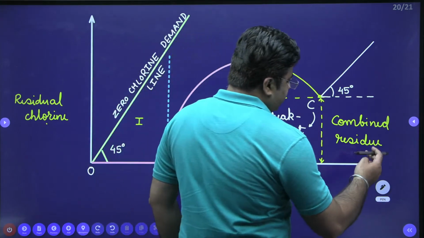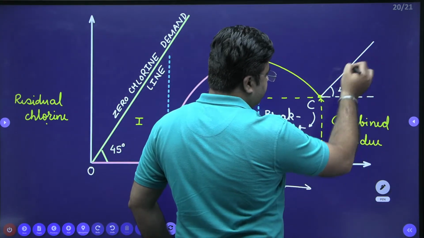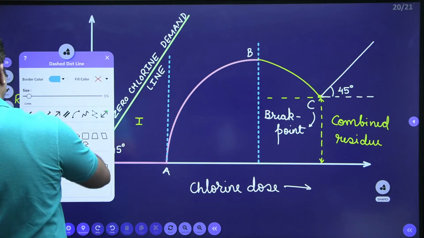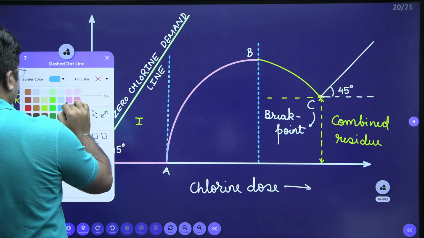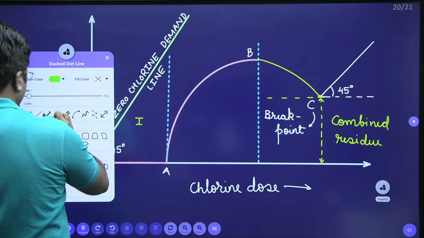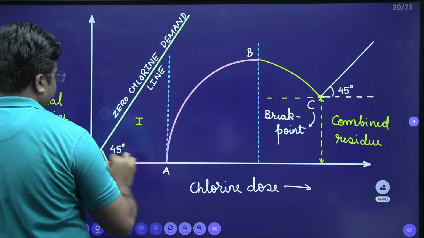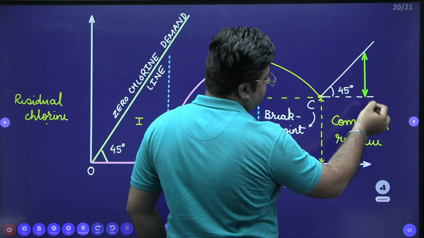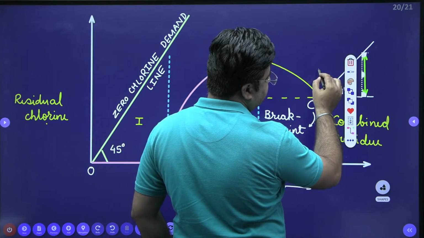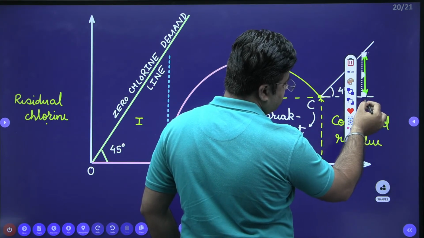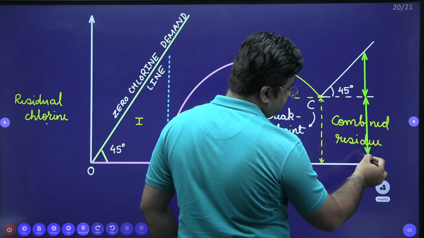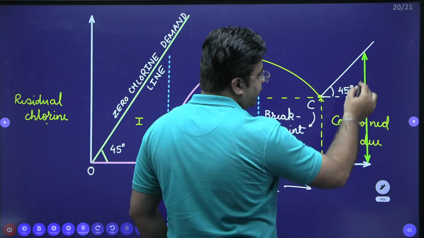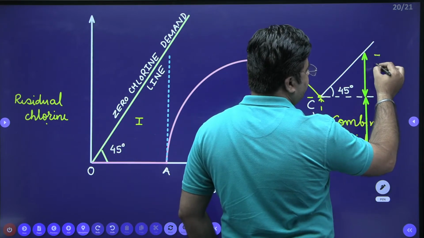So if you take it like this, this part is known as combined residue and this part is known as free residue.